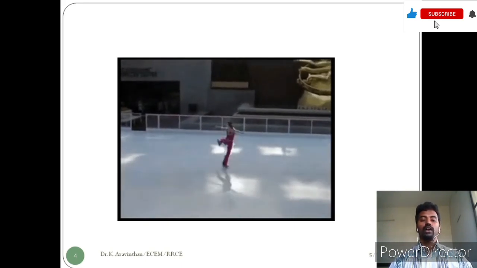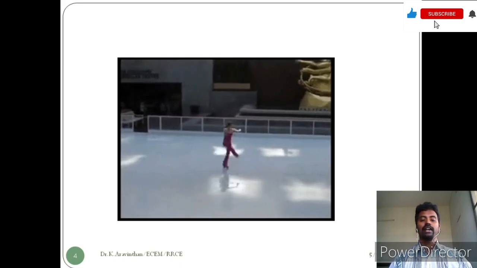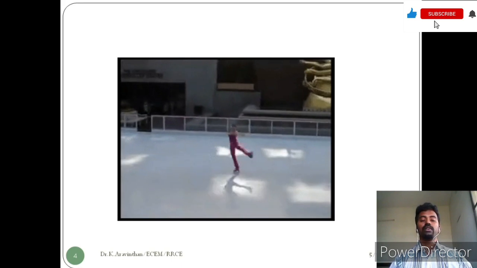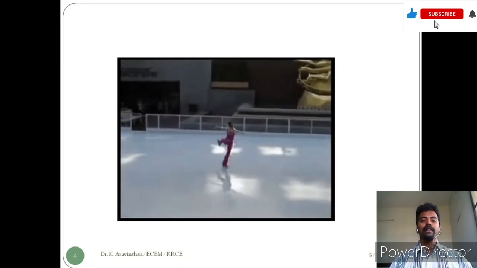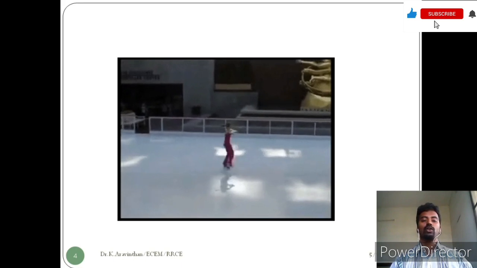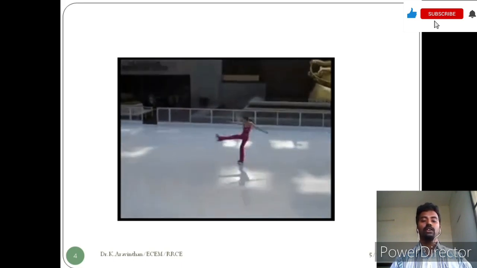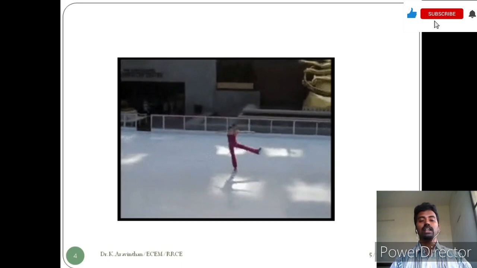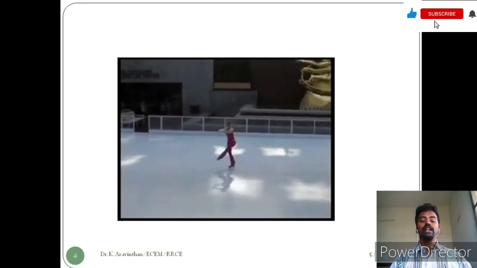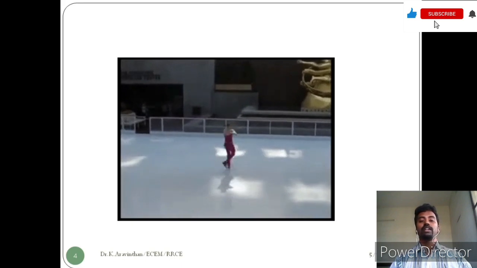If you stretch your arm and leg, it is very hard to rotate. If a person keeps his arms and legs towards his body and is concentrated, it is very much easier to rotate him. So this is the concept you have to understand with the moment of inertia.